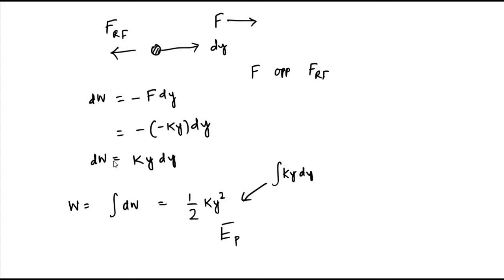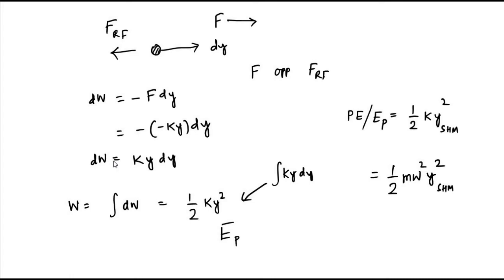So the potential energy E_P of a particle undergoing SHM is given by 1/2 ky square, where y is the instantaneous displacement in simple harmonic motion. Don't get confused between y and y SHM; they are the same thing. If we include the constant k in its original form in terms of mass and angular frequency, it becomes 1/2 m omega square y SHM square.